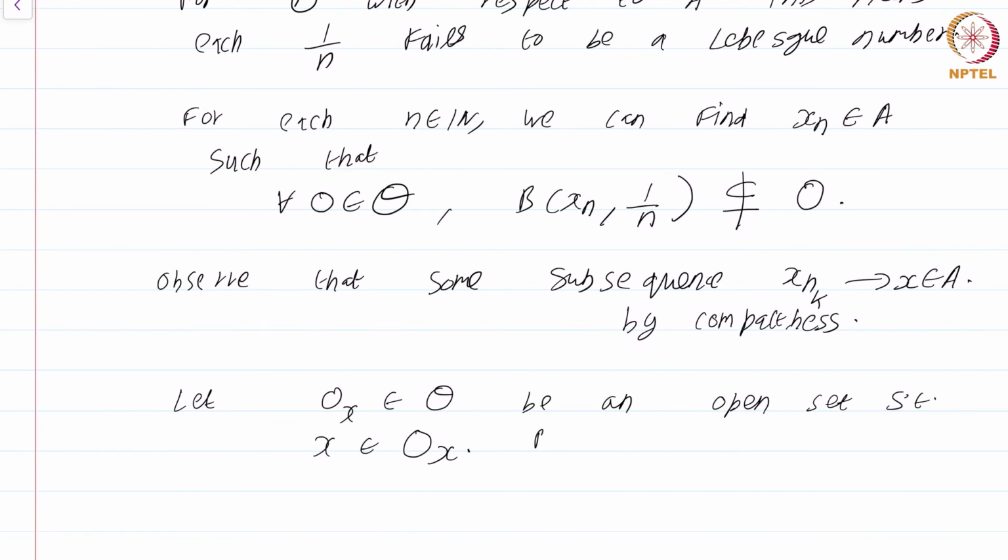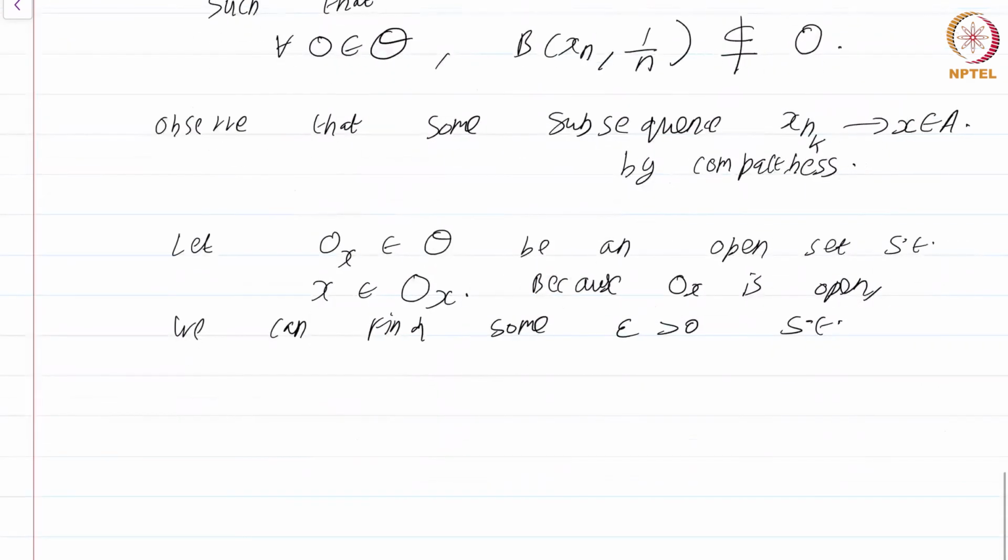Because OX is open, we can find some epsilon greater than 0 such that B x epsilon is contained in OX.